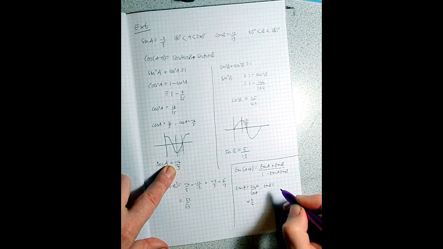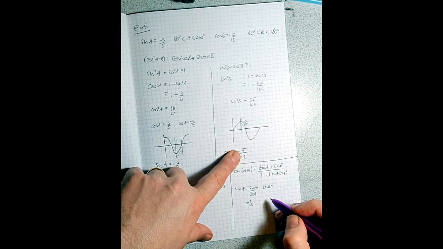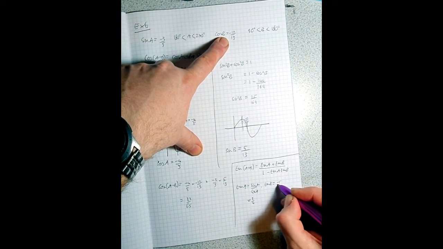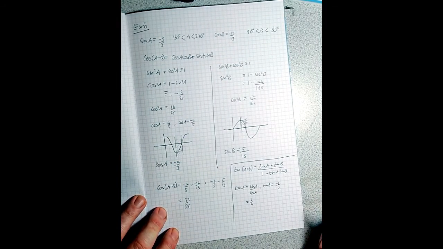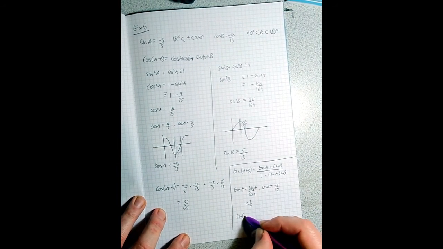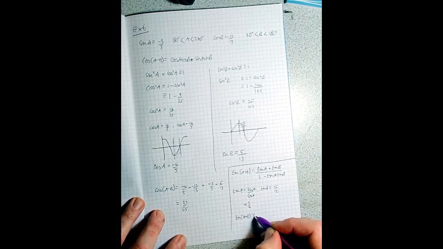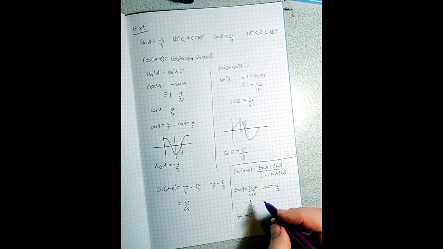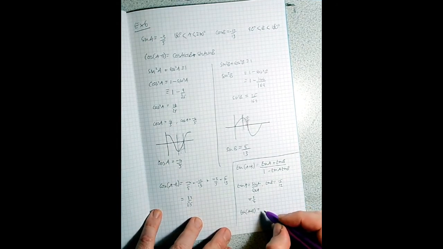Tan B is sine B 5/13 over minus 12/13, minus 5/12. So we could just sub into tan(A plus B) and get 16 over 63.